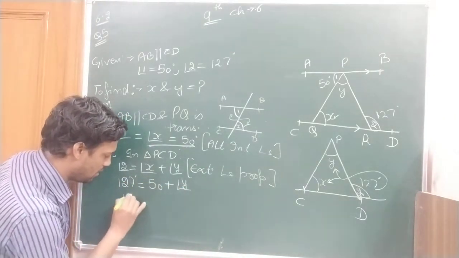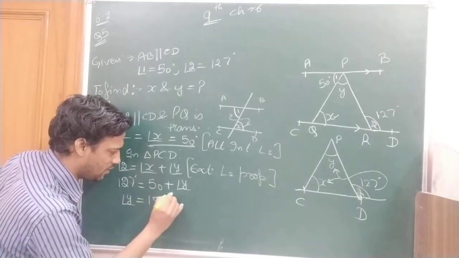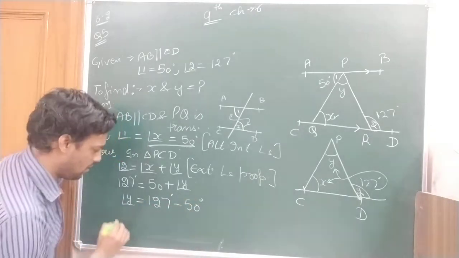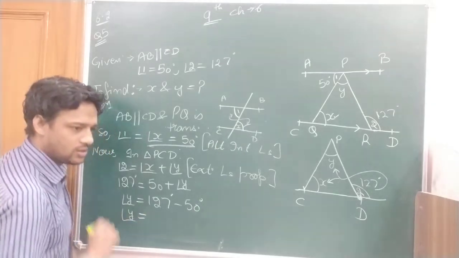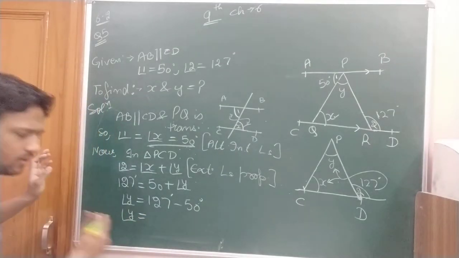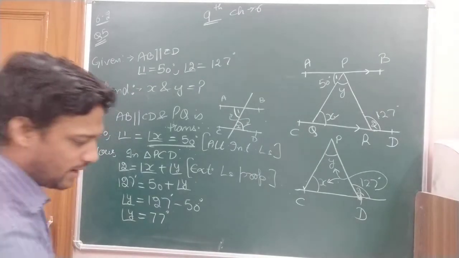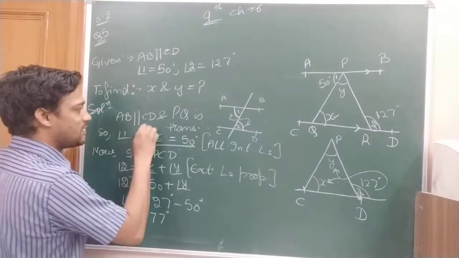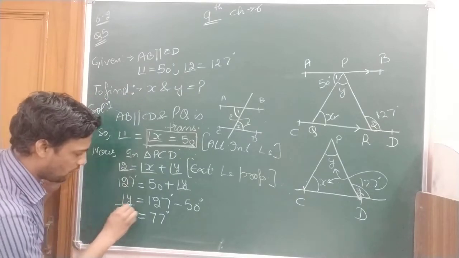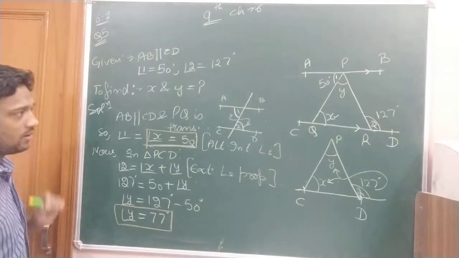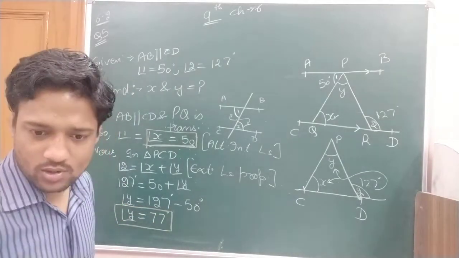So angle y equals 127 degree minus 50 degree, so angle y equals 77 degree. Clear? So x is equal to 50 degree and y equals 77 degree. Now come to the next question.